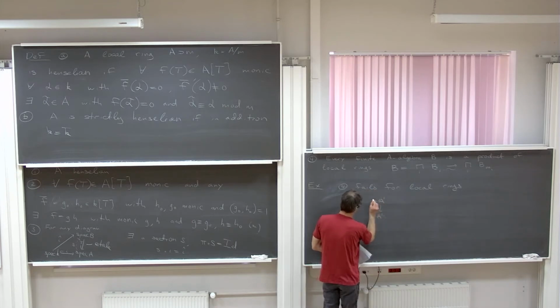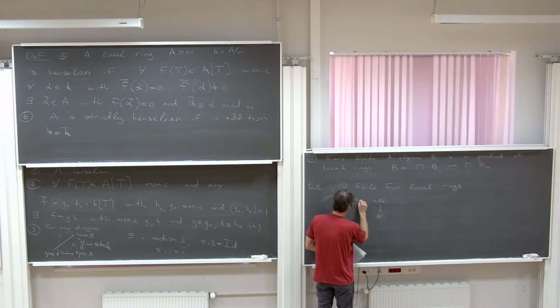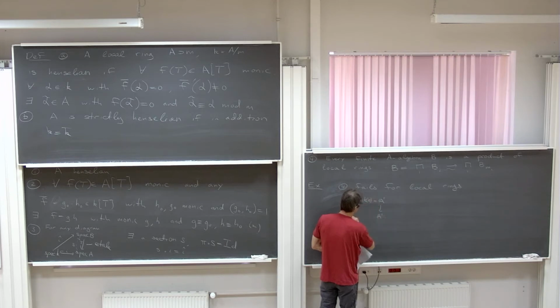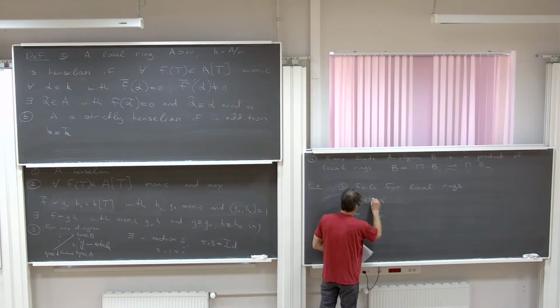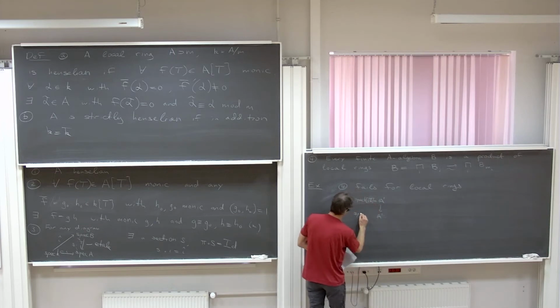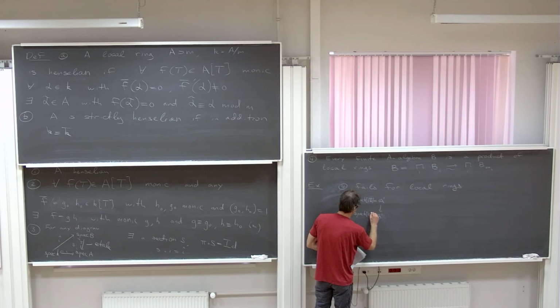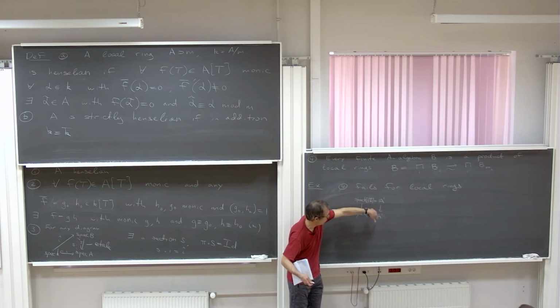So this is spec K of Z, and this is spec, maybe square root of Z, not to introduce too many notations, spec K of Z. So this map takes Z to Z squared.